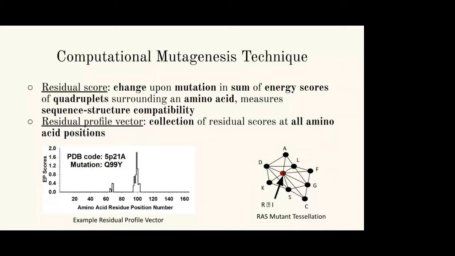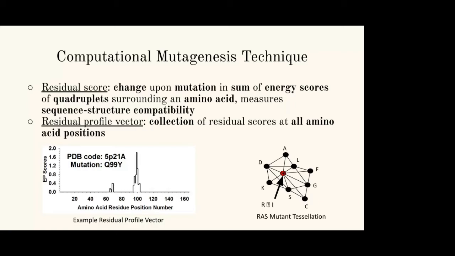Because with the residual profile vector, it's not necessarily beneficial to have too much information, because if you are including amino acids that are way far away from the original amino acid that was mutated, obviously there's not going to be that much of an effect on that distant amino acid.